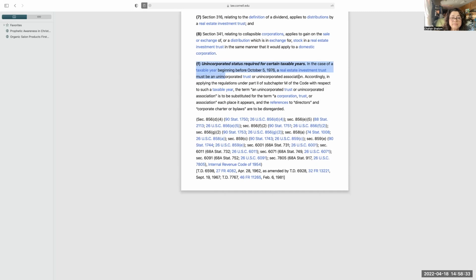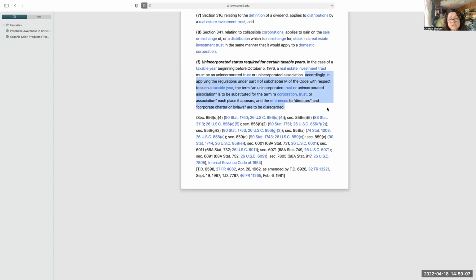Okay. Accordingly, in applying the regulations under Part 2 of Subchapter M of the Code, with respect to such a taxable year, the term an unincorporated trust or unincorporated association is to be substituted for the term a corporation, trust, or association each place it appears. The references to directors and corporate charter or bylaws are to be disregarded.